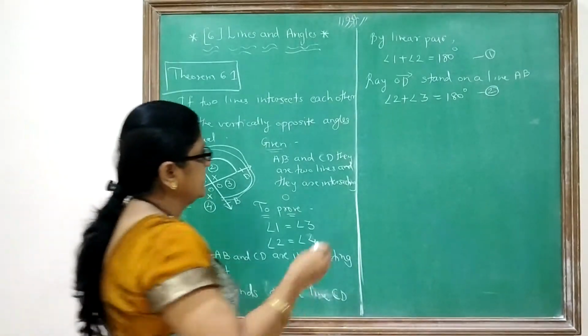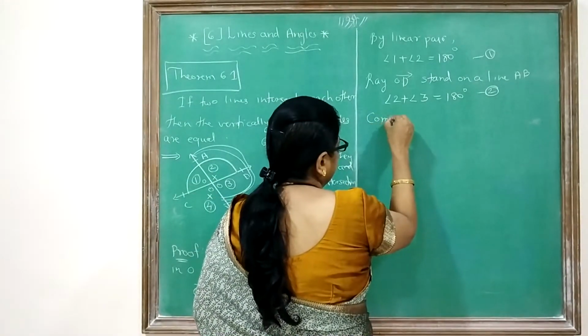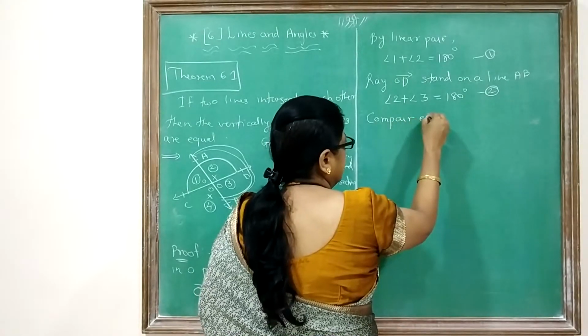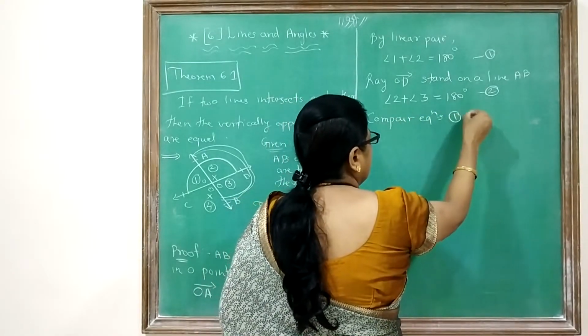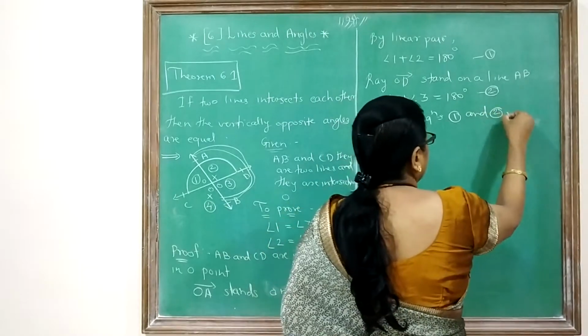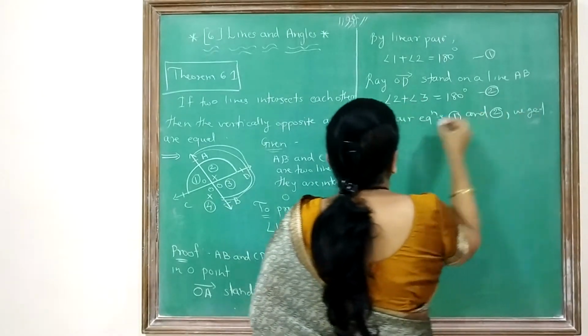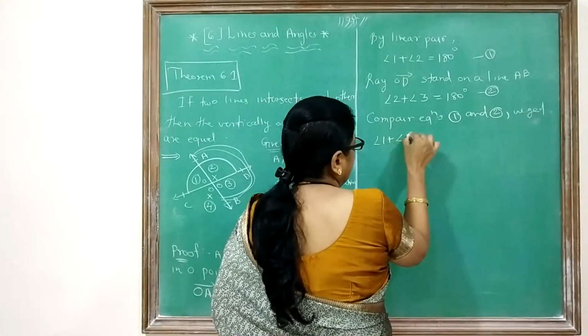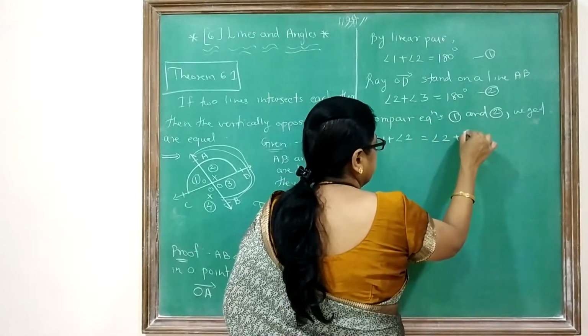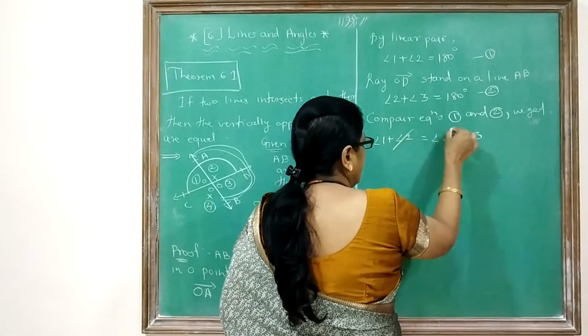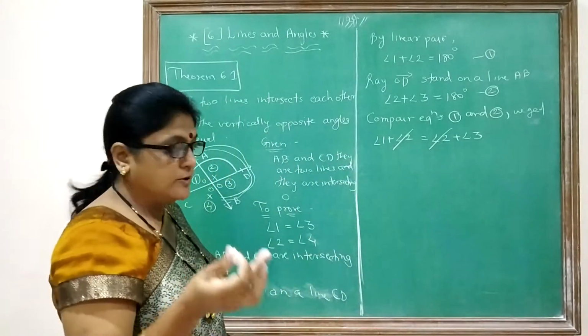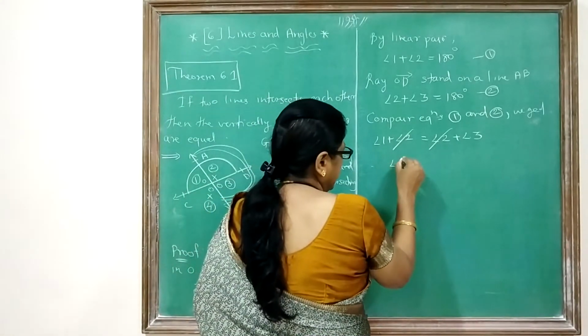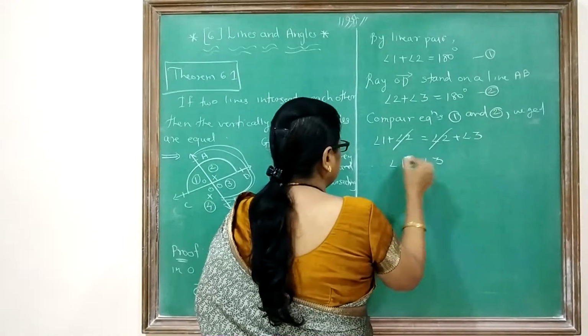Then you will compare equations 1 and 2. We get angle 1 plus angle 2 equal to angle 2 plus angle 3. This angle 2 and angle 2 they are cancelled because they are the same. Then you will write here angle 1 equal to angle 3.